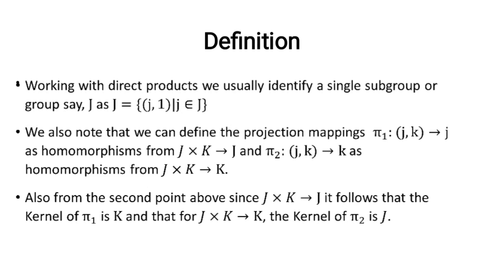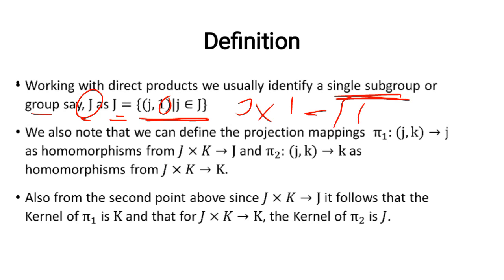Working with direct products, we usually identify single subgroups or groups, say J. If you have a J, just a single one, how would you write it as a direct product? Basically, it's taking the direct product with itself, right? So we always represent it this way, meaning that there's nothing but one, it's multiplying with one, more like J cross 1, right? So the elements will just be elements of the form (j, 1), right?